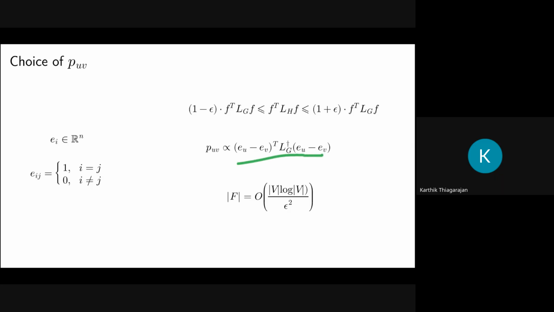This is not necessarily between 0 and 1, right? All that you can say is this is some quantity. So you have PUV proportional to this for all UV pairs, in all n choose 2 pairs. So I am guessing what you could do is compute those n choose 2 values, and then divide by their sum.